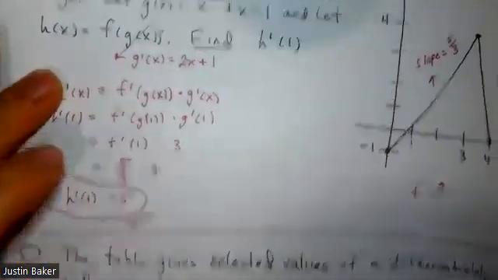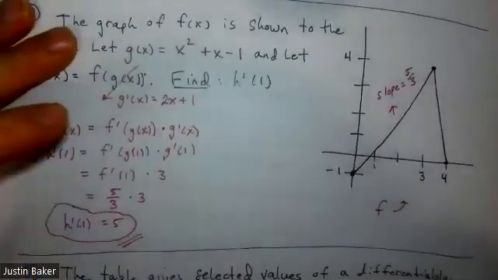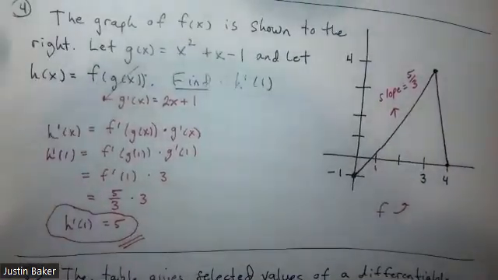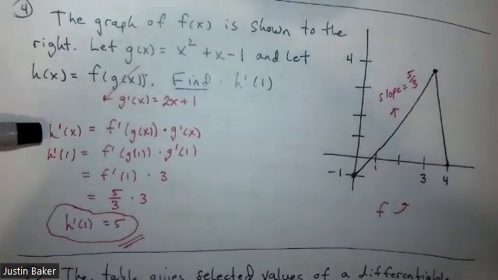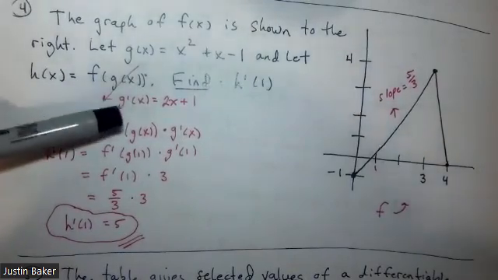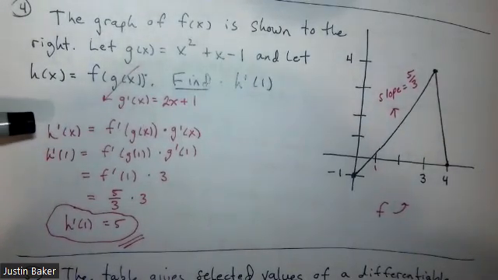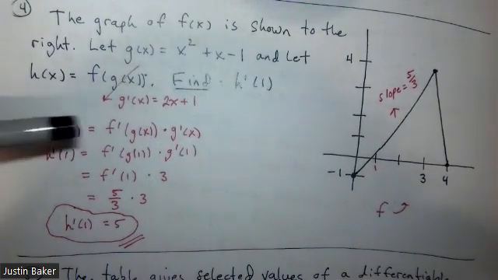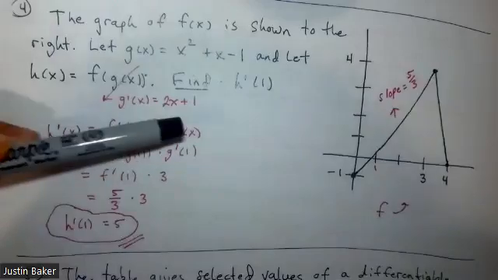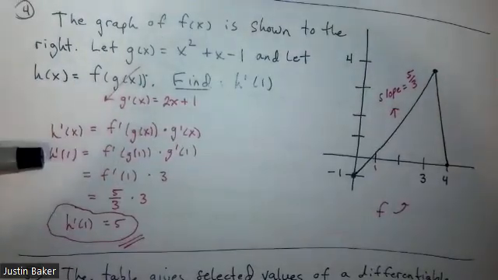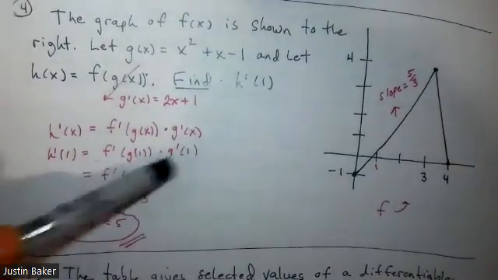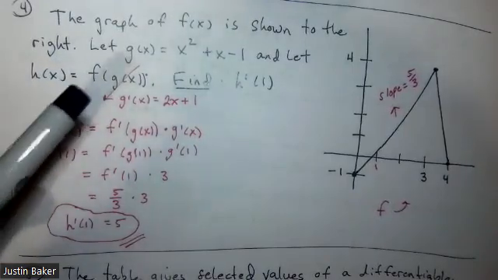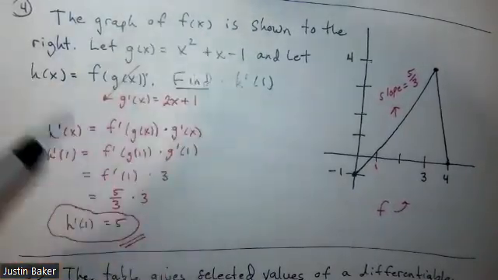Okay, so here's what I've come up with. All right, so your derivative would be f prime of g times g prime. That's the definition of a composite, right? So the composite derivative is f prime of g times g prime. And then we want to put a 1 in. So we need to find g of 1 and g prime of 1. So g of 1 would be 1.